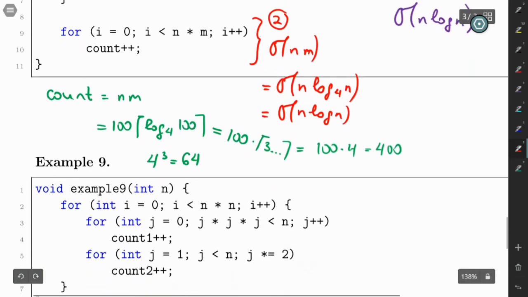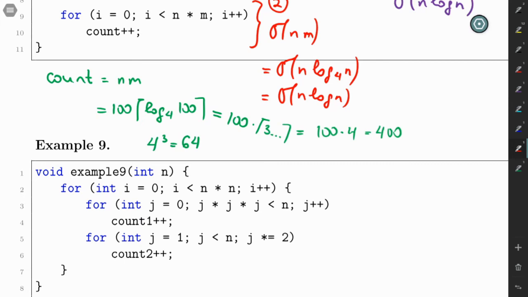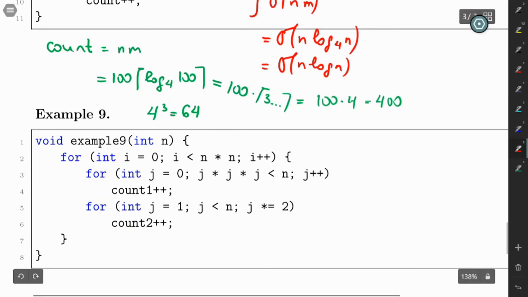Okay, for the last example, we have some nested for loops. The outer loop is going to run up until n squared, and it just goes up linearly by 1. Then we have the two inner loops. Let's figure out what's going on with the inner loops first.